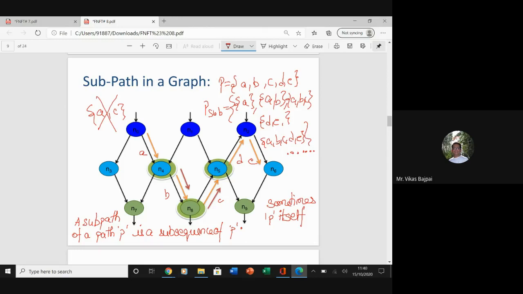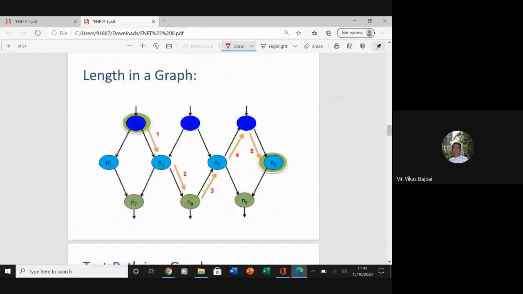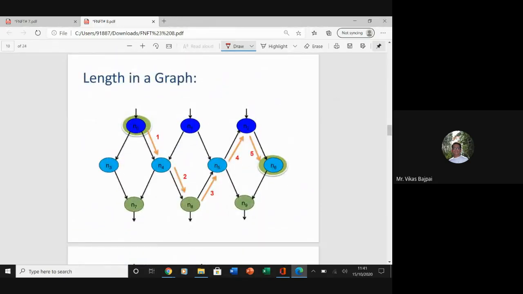Now, next is the length of a path. That means it is the number of edges in a path from the node Ni to Nf.